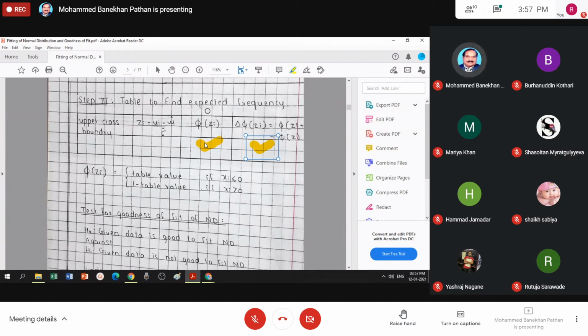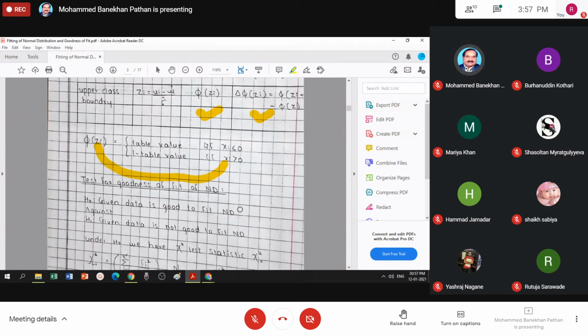How to find phi z_i? Phi z_i equals the table value if z_i is less than or equal to 0. If your z is minus, the answer is directly from the table. And if your z is plus, you get 1 minus the table value as phi z_i. So this z_i is here.